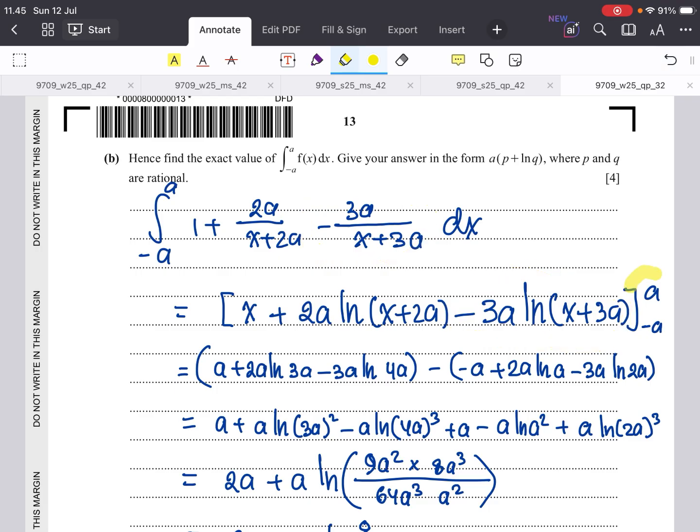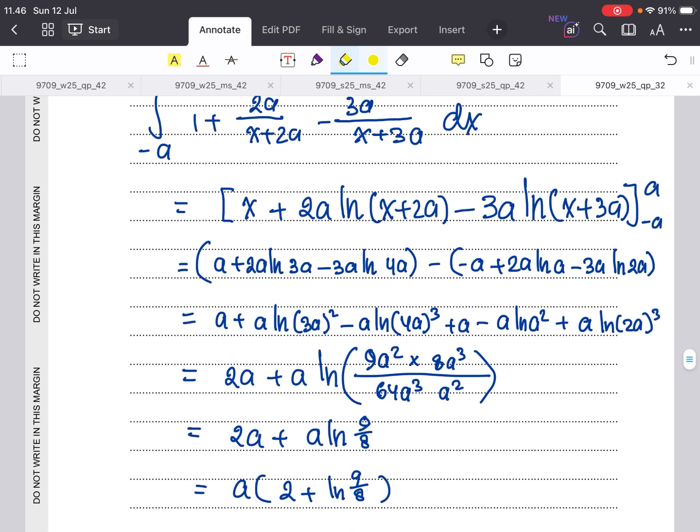Now we just substitute the value of x with a, and then minus substitute the value of x here with negative a. And then we do simplification. First we expand this one. It will be plus a minus a ln a squared plus a ln 2a cubed.